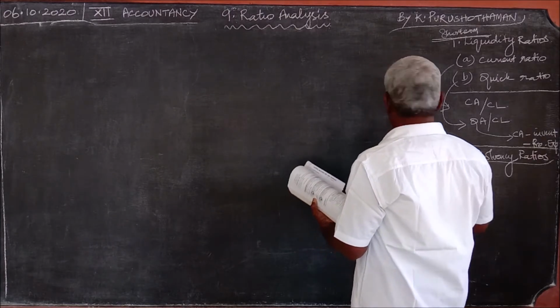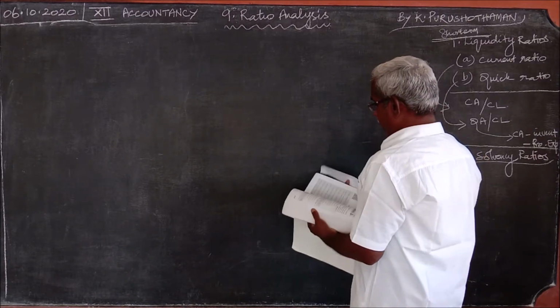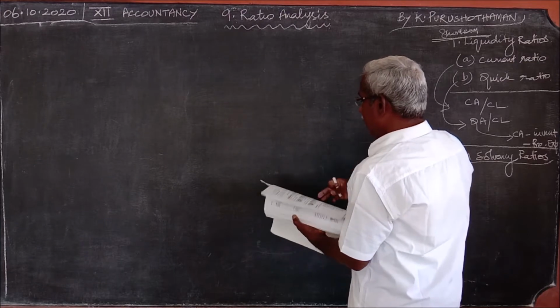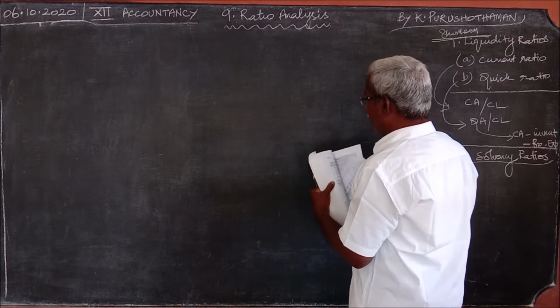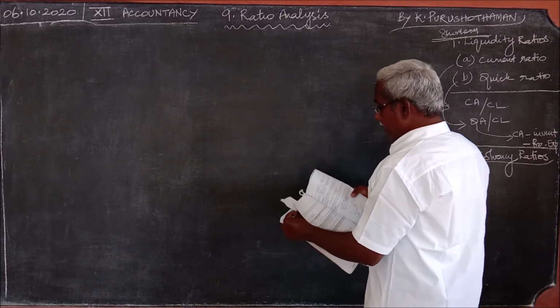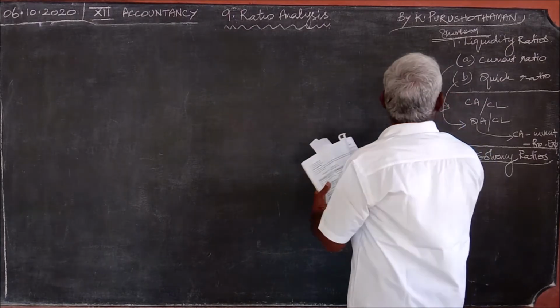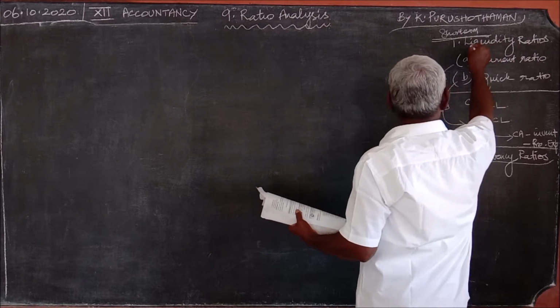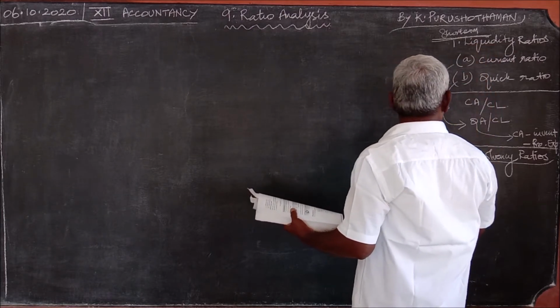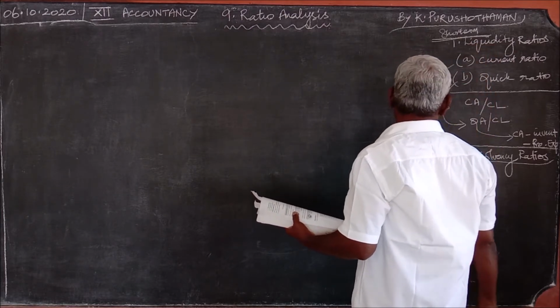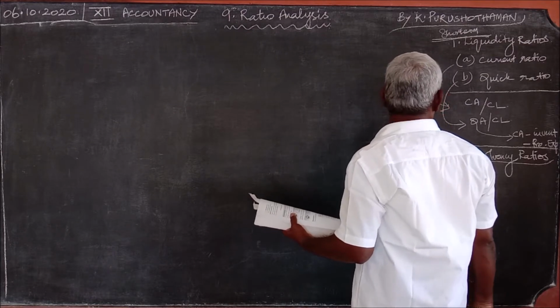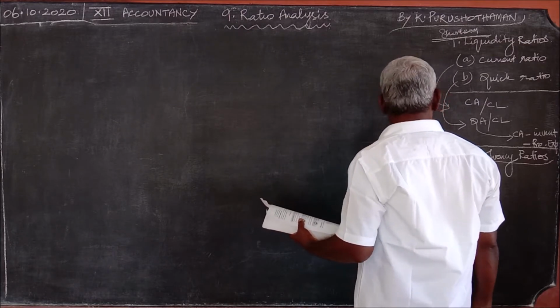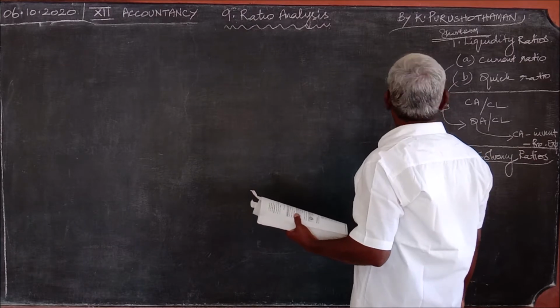This name itself indicates, or you can find easily, that the short-term liquidity ratios deal with the same assets and liabilities. Here, for long-term purposes, we check whether in the long run the liabilities can be met out, how far it can be.